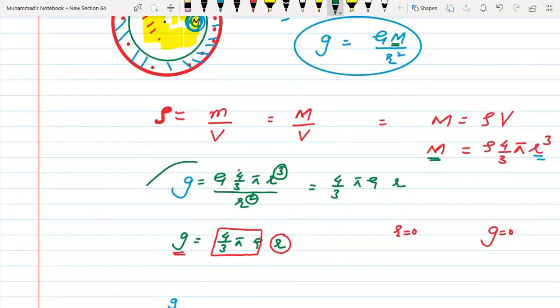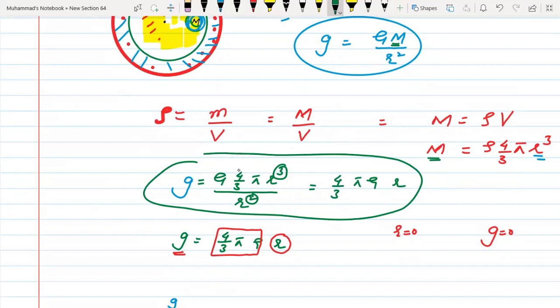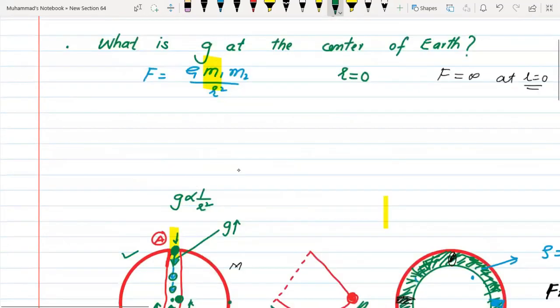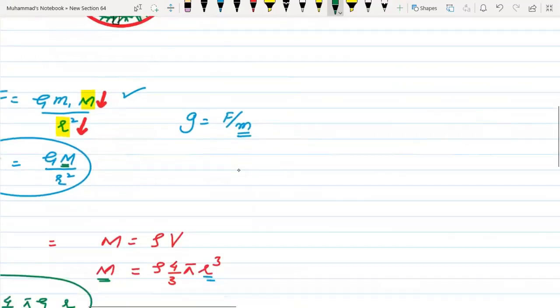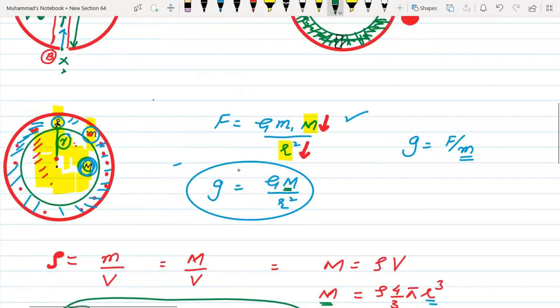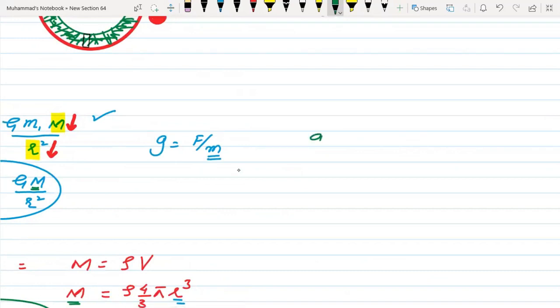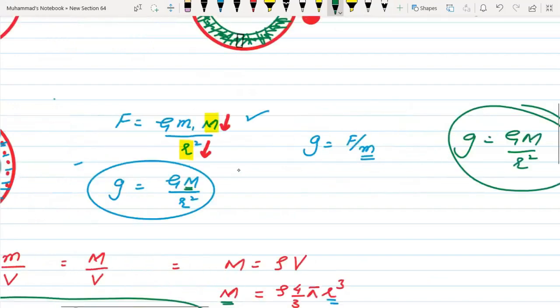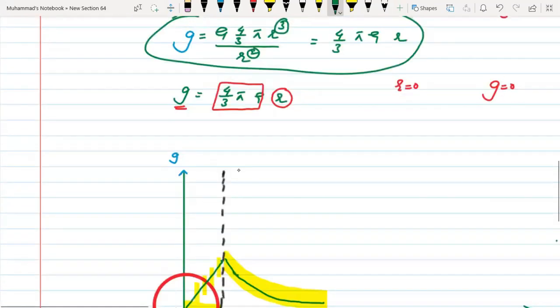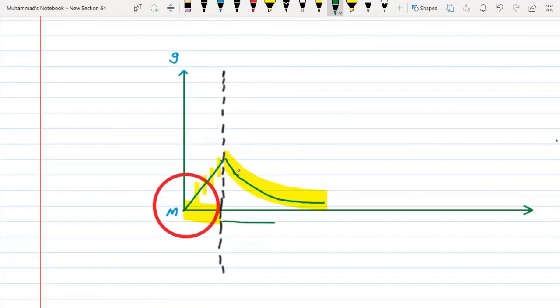So this relationship is valid inside the surface of Earth, and that relationship, Gm over R square, is valid away from the surface of Earth. So as you move away from the surface of Earth, G decreases, over here G decreases. And as you move from here to here, G will increase.